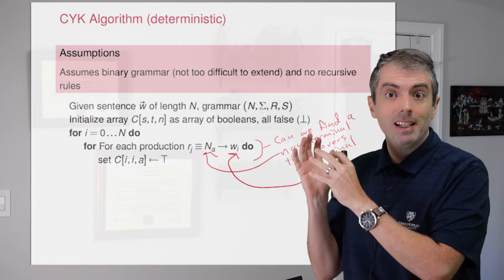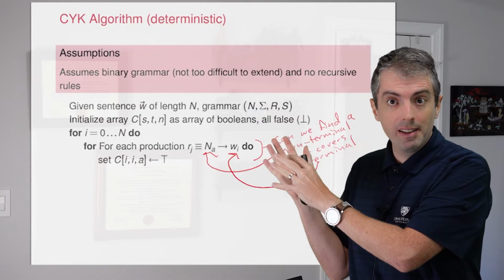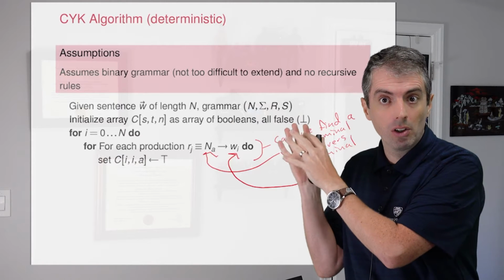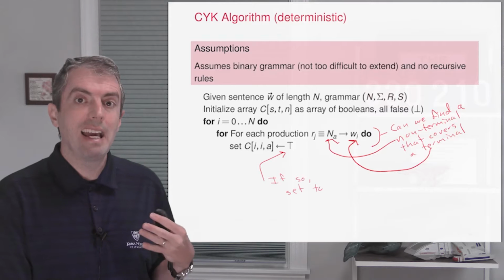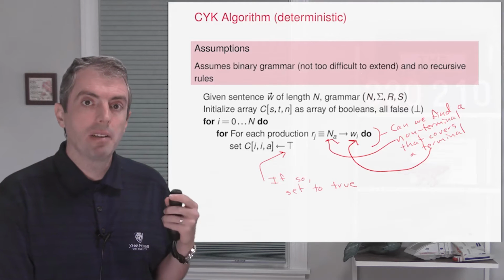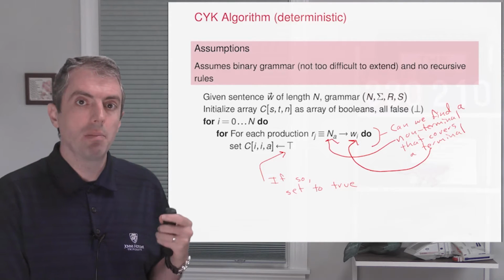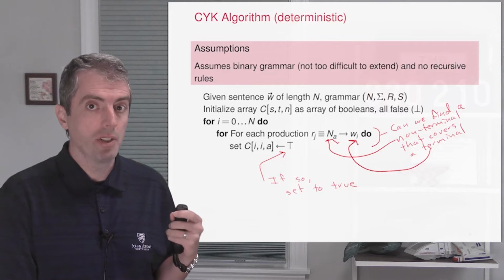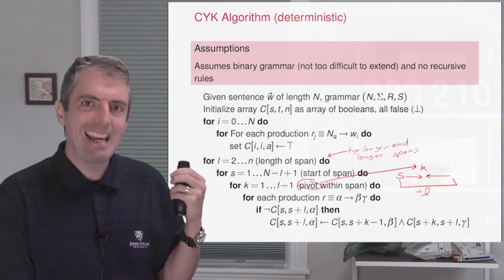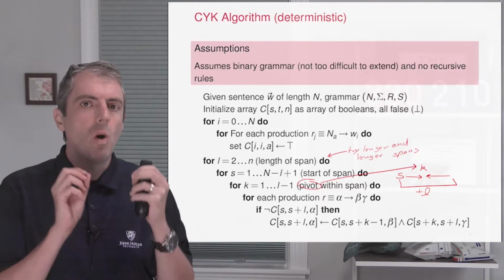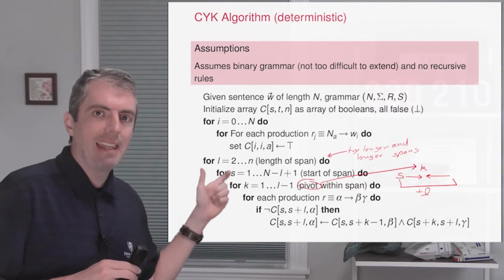Now that we have spans of length 1, we need to see if we can cover longer spans. These spans start at position S and have length L. But to fill up a longer span, we're going to have to put two other non-terminals together. In other words, somewhere between S and L, we're going to have one non-terminal and then another.